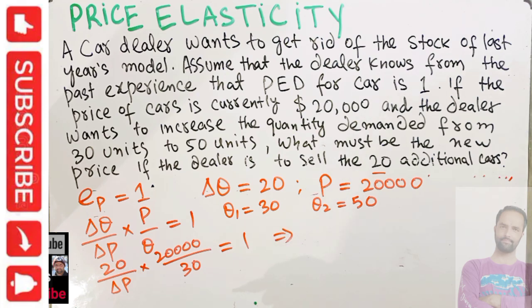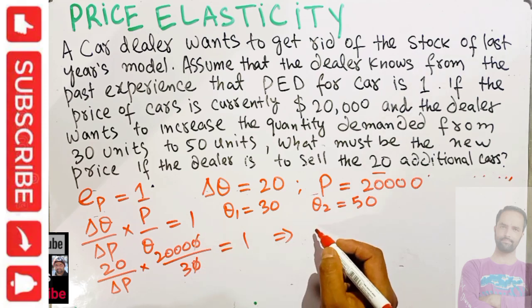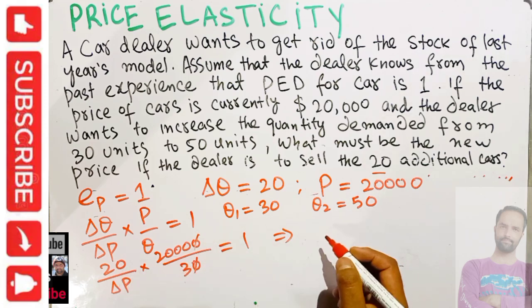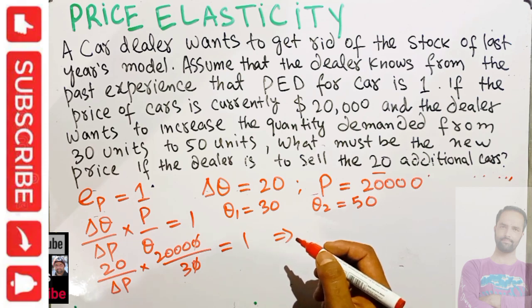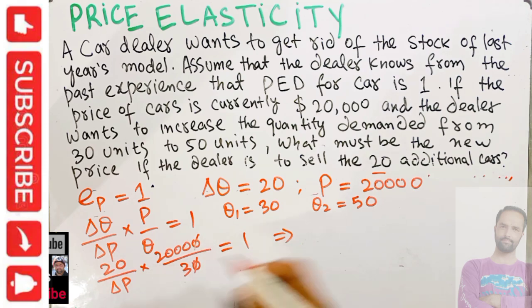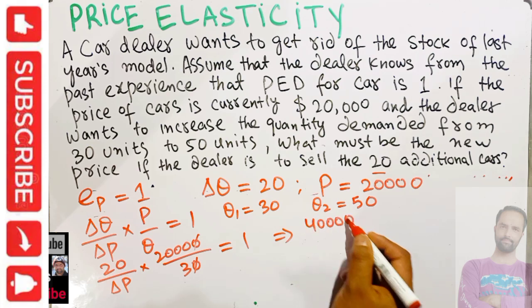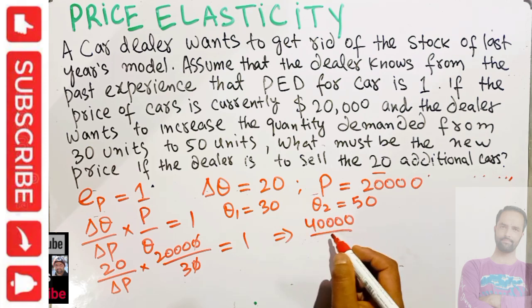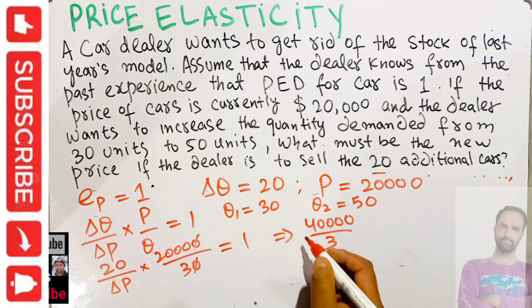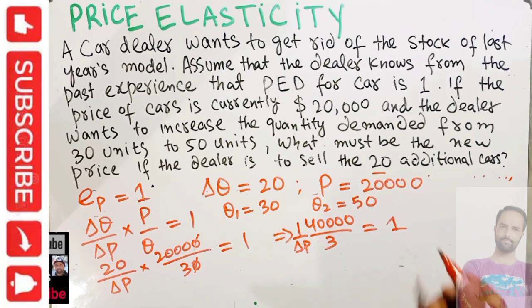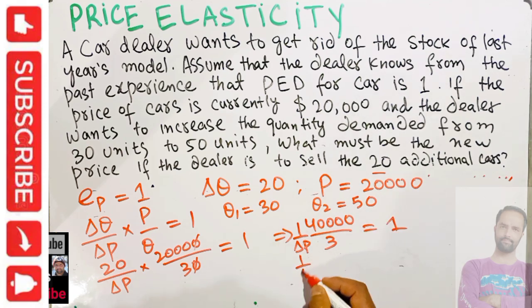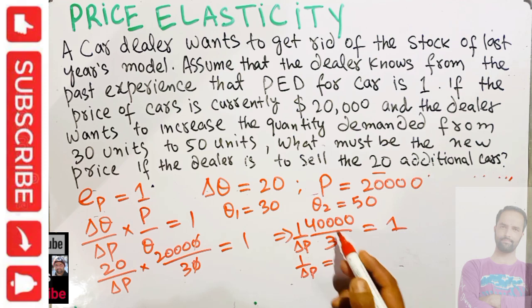If we solve this, 20 into 20,000 comes out to be 400,000, divided by 30.